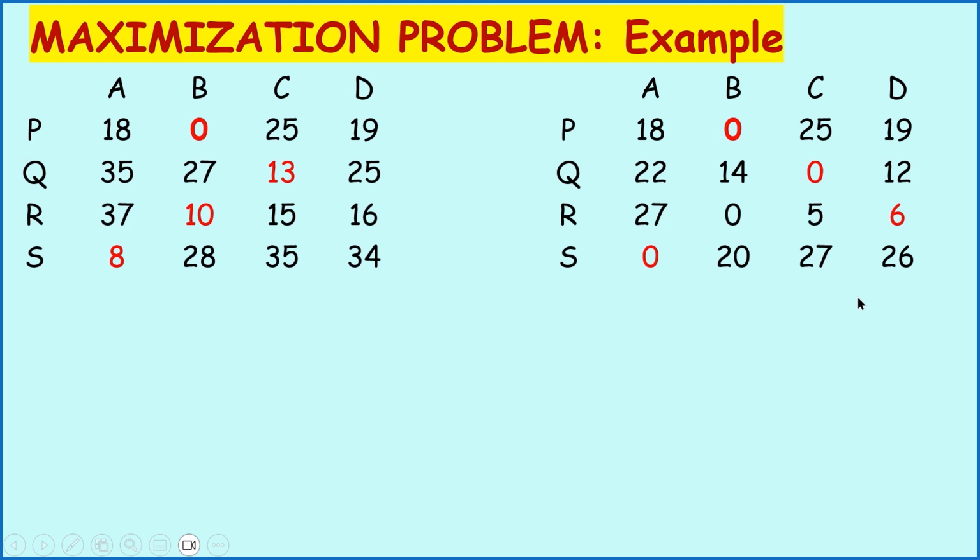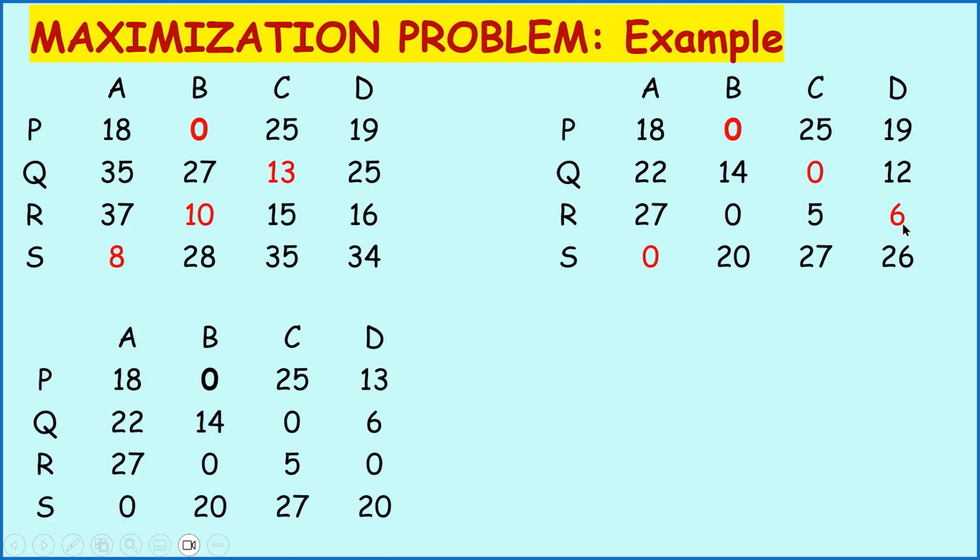Then you identify the minimum value in the column. Here the minimum value is 0, here 0, here 0. So in these three columns no values will change because the minimum value itself is 0. In the fourth column, the minimum value is 6. So subtract 6 from every element, and the new matrix will be like this.